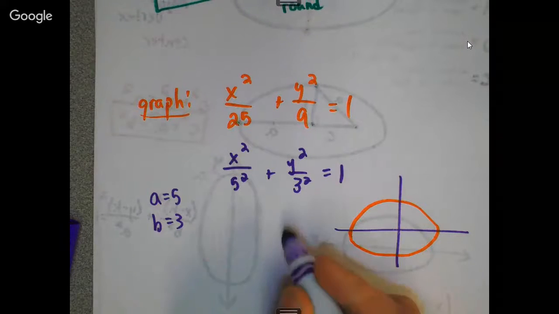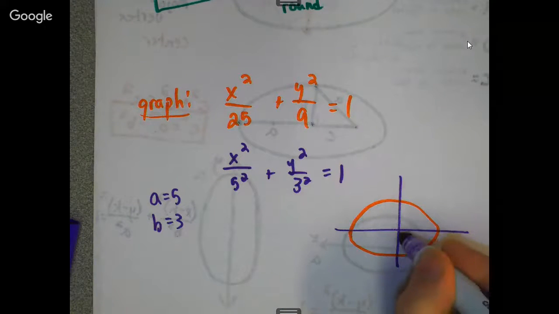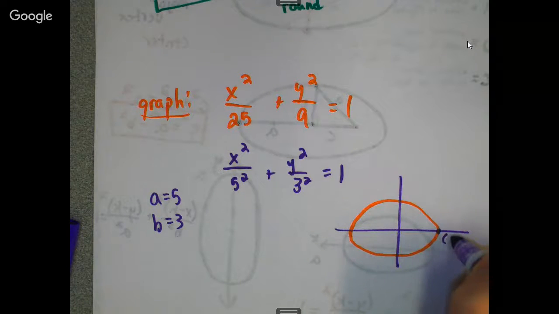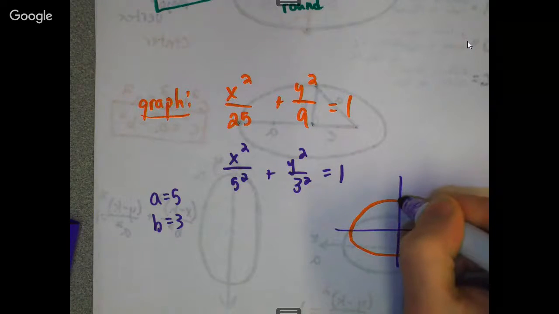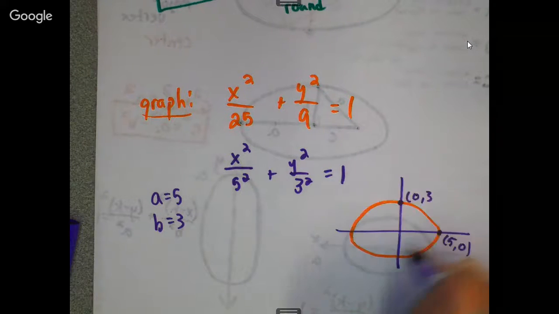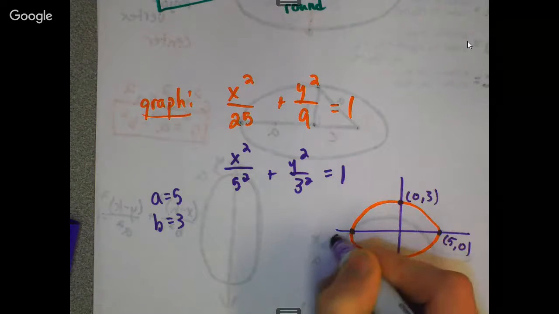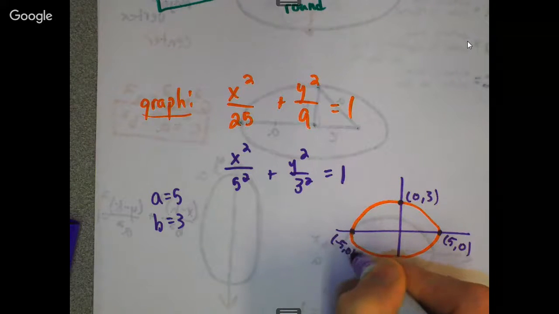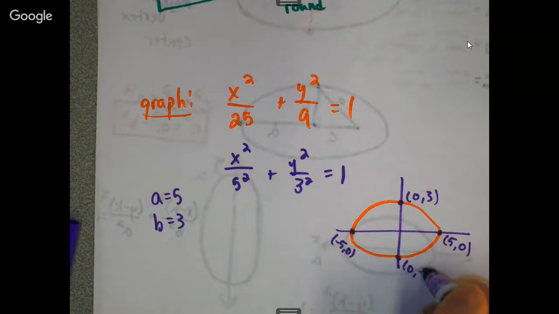So in fact, 5, 3, so this is 5. So this distance right here is 5. So this point is 5, 0. This point here is 0, 3. And then you just have the negatives. So negative 5, 0, and 0, negative 3. Okay. And that's it.